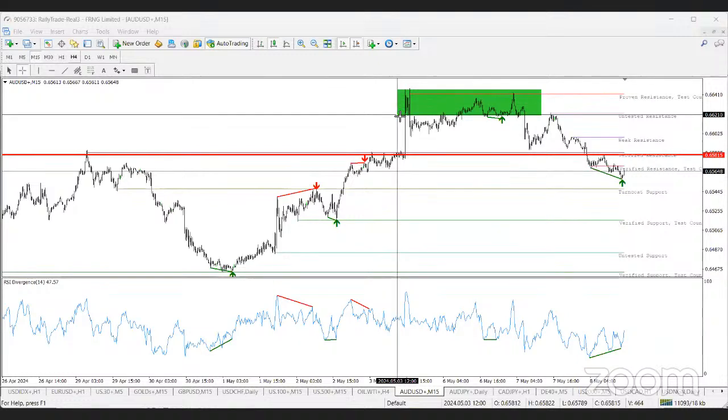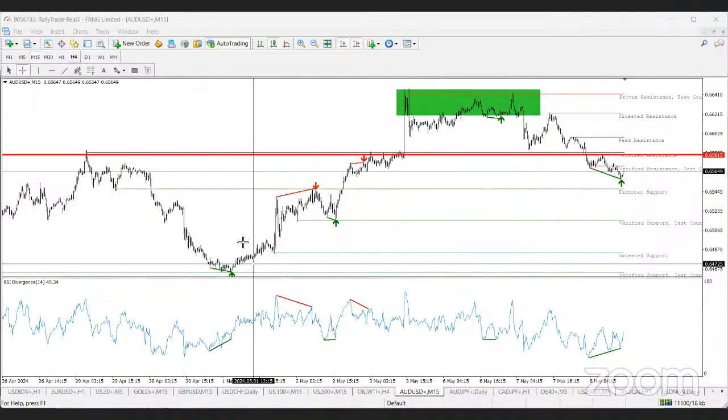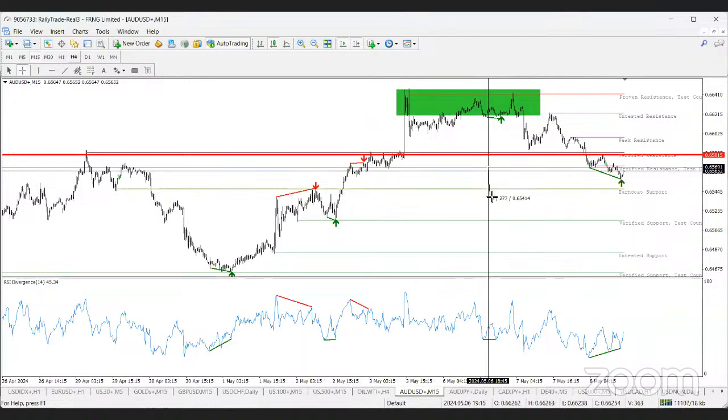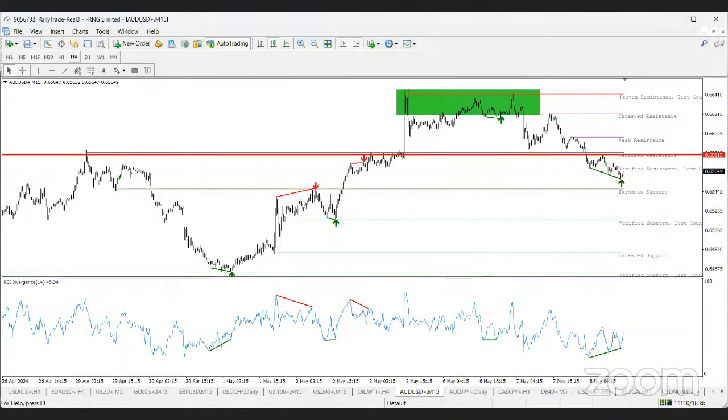Those are two places I want to look out for a sell on AUD/USD. And in those cases, I'll be looking out for at least 30 pips of profit. Okay, so that's it.